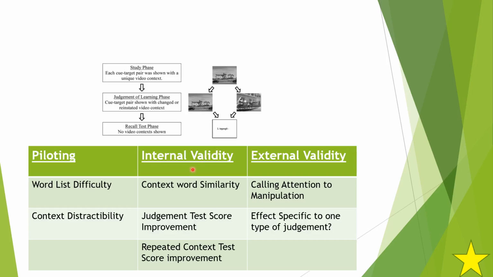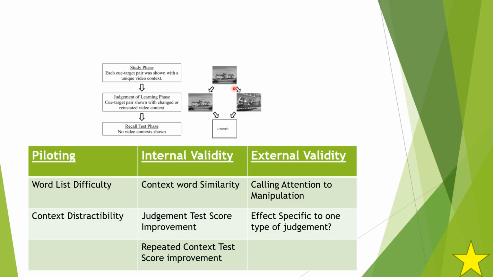The first one being we wanted to make sure that the contexts and the words were not too similar. So in this case, we have a background video of cars driving on a road, and the word was pilot. So we didn't want pilot to be related to the background video, and so we kind of had to go through and think for ourselves, is a video about cars going to be related to pilot?